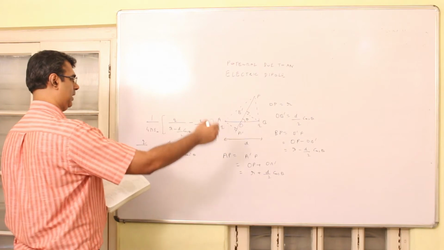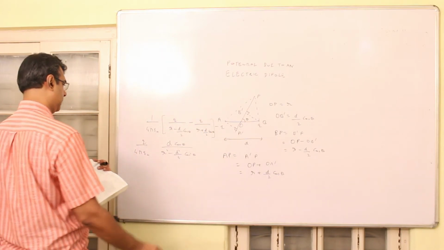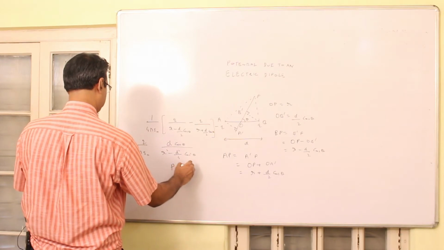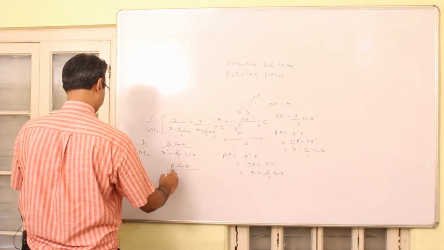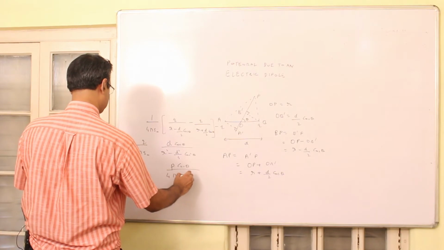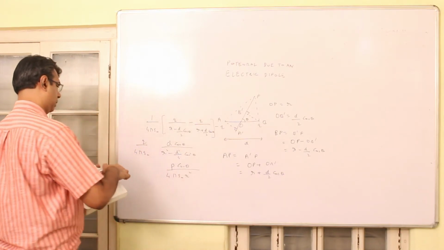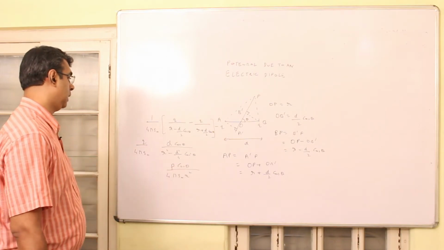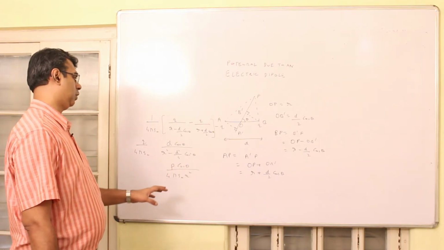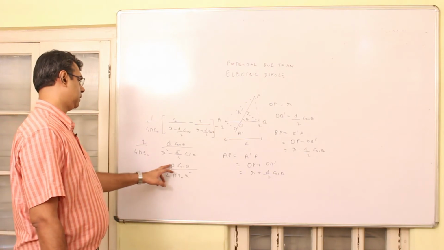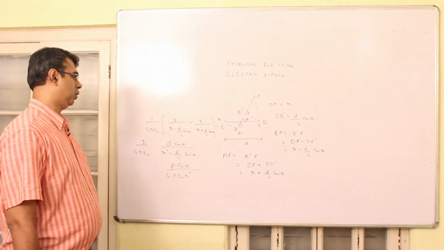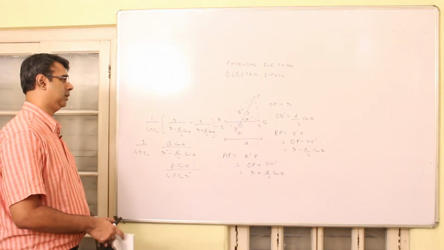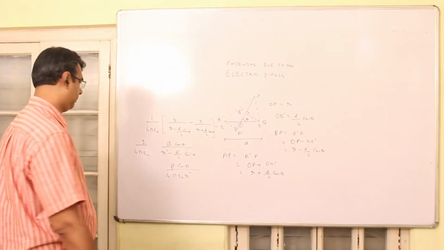Now we have been saying all along that D is very small and Q into D is dipole moment P. So P cos theta, and since D is very small, we can neglect the term D square by 4 cos square theta. So we are finally getting the formula. Potential at P is P cos theta by 4 pi epsilon naught into R square. So this is the formula to find the potential at any point due to a dipole.